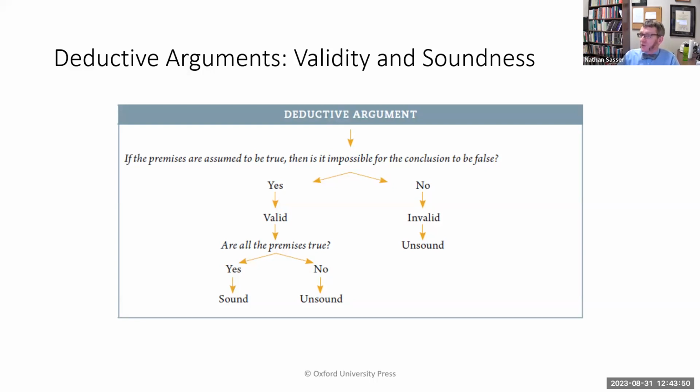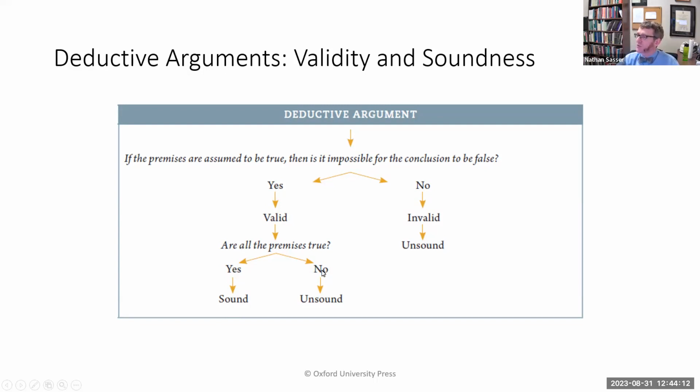First, you ask, do the premises actually necessitate the truth of the conclusion? If the answer is yes, they do, then it's a valid argument. So we're on this branch of the tree over here. But then we're going to ask the second question, are all the premises true? And if the answer is yes, they are, then the argument is sound, A+.